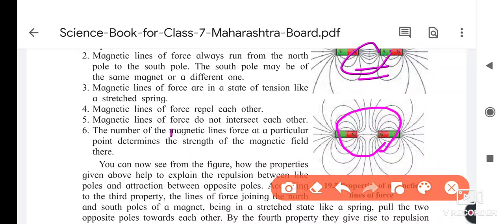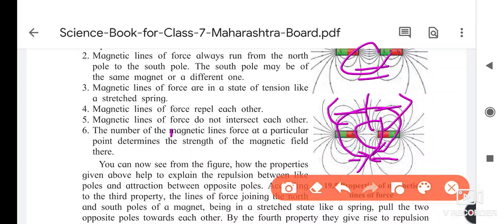In this magnetic field we see the same poles facing each other. There we see only a single line, and the magnetic lines of force repel from this side and this side.